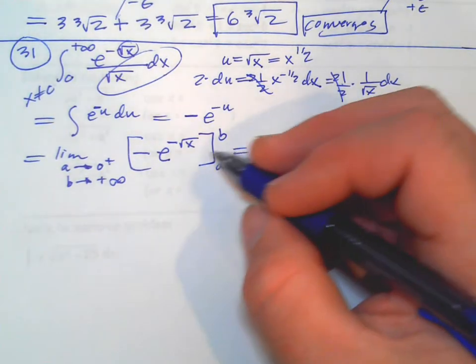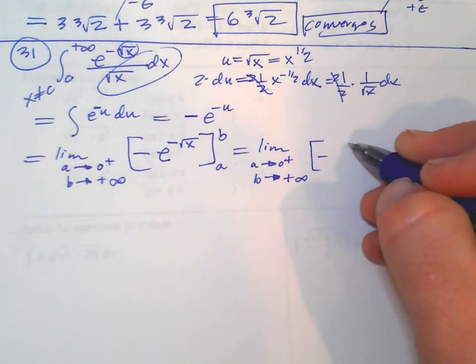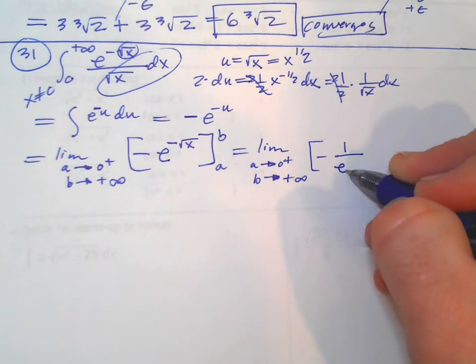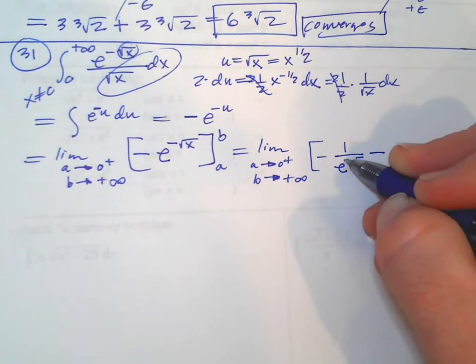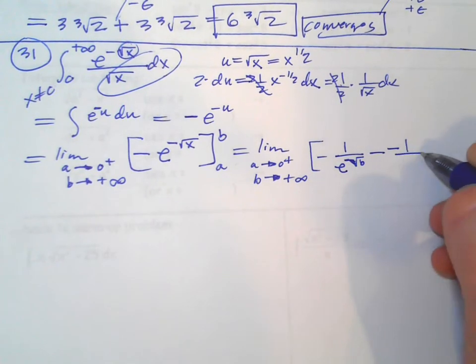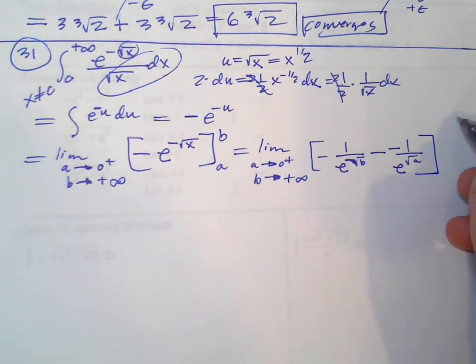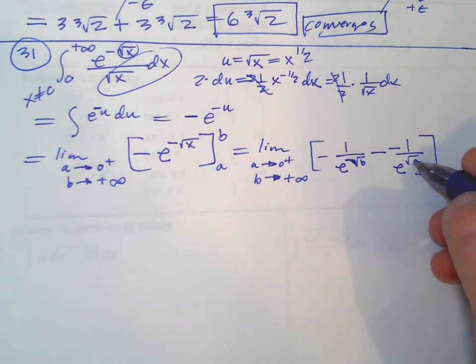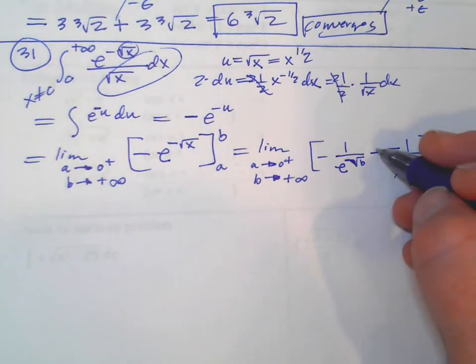I mean, maybe we can somehow write it in terms of both of them. It's going to be negative 1 over e to the square root of b, minus negative 1 over e to the square root of a. So as a goes to 0, this is going to get closer and closer to 1, right? e to 0 is 1, so that's going to be 1.